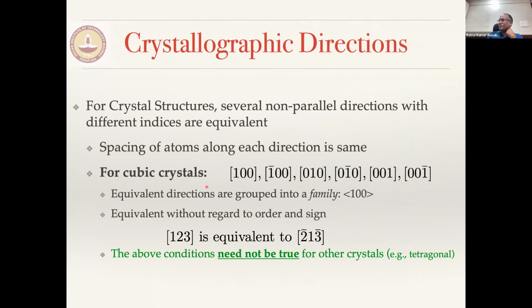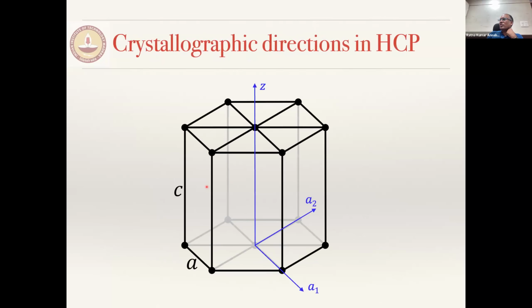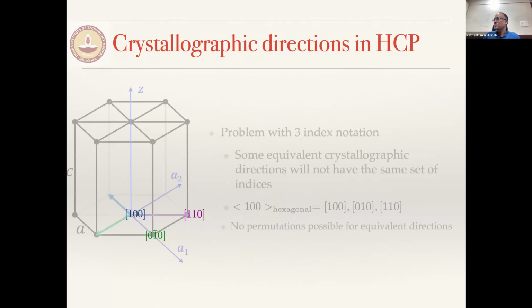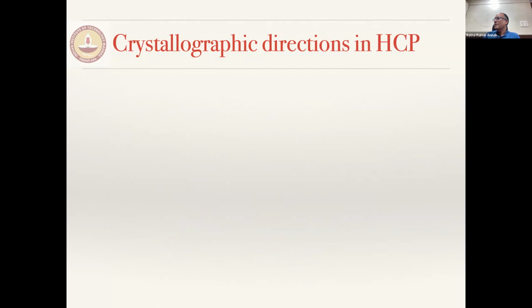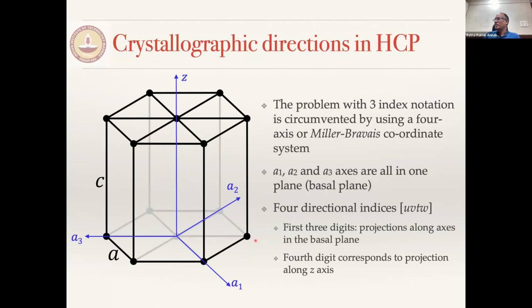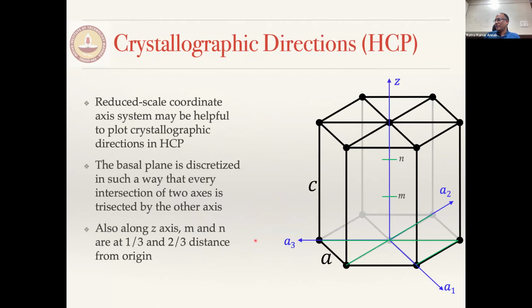Keep that in mind. And we have also discussed how to do this for hexagonal crystals. We have seen that if I use the 3-index system, the concept of equivalent directions being represented by permutations does not work. Hence we introduced a 4-index notation, and with the 4-index notation, that permutation seems to work.